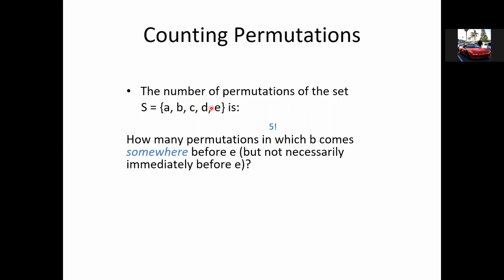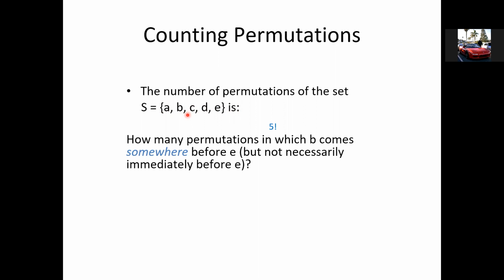They all must occur. And I want to count only those permutations in which B comes before E. I know they must both occur, right? So B and E must be somewhere in the permutation. But I want to only take the ones... I'll give you a hint.